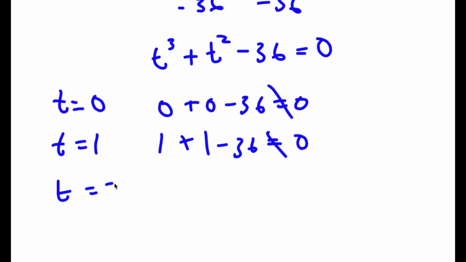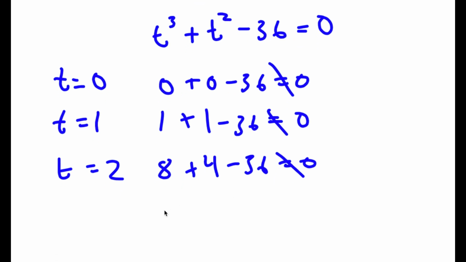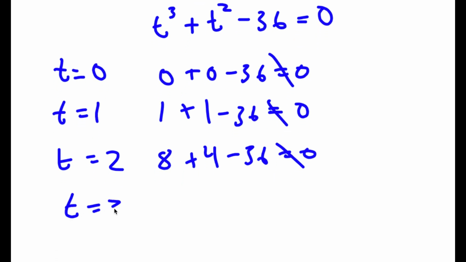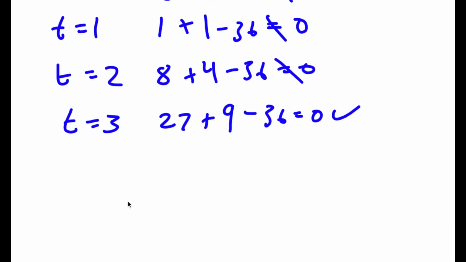If t is equal to 2, this would be 8 plus 4 minus 36 is equal to 0. That's 12 minus 36, which is not equal to 0. Now finally t equals 3, I get 27 plus 9 minus 36 is equal to 0, and this is true. So, meaning t is equal to 3 is the value of t.